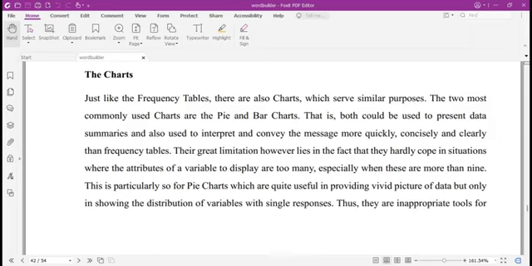The height of the bar will tell you that. Their great limitation, however, lies in the fact that they hardly cope in situations where the attributes of a variable to display are too many, especially when these are more than 9.